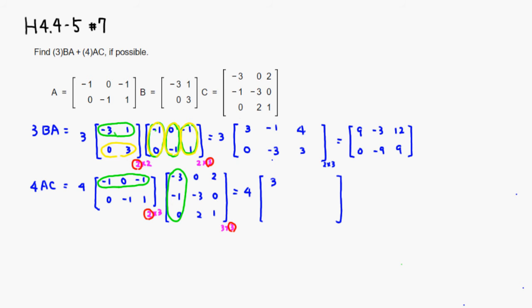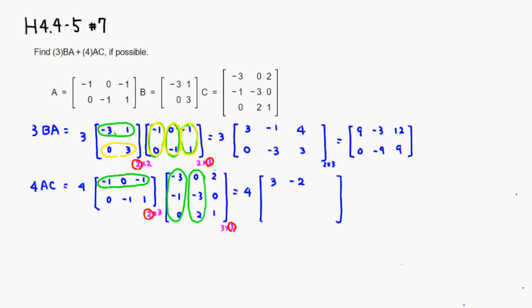Then first row times the second column: negative 1 times 0 is 0, plus 0 times negative 3 is 0, negative 1 times 2 is negative 2, so it's negative 2.